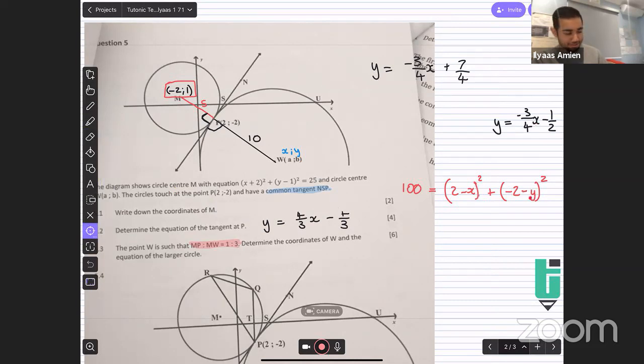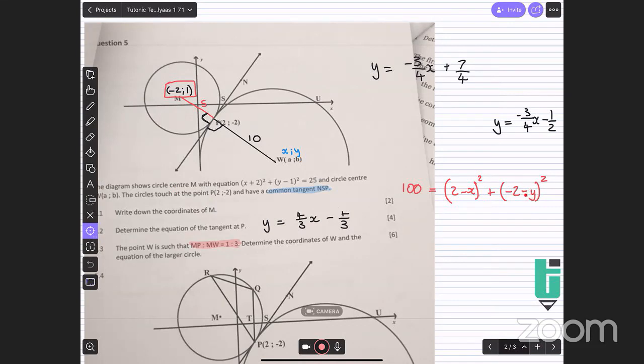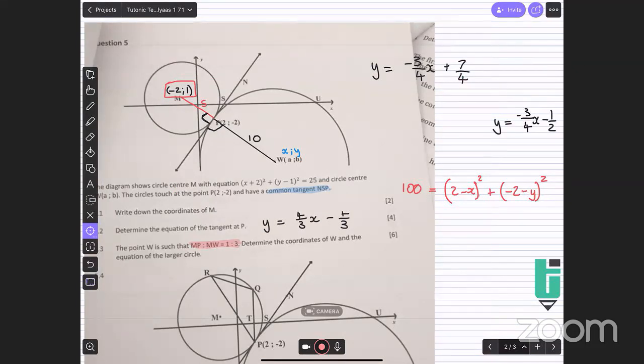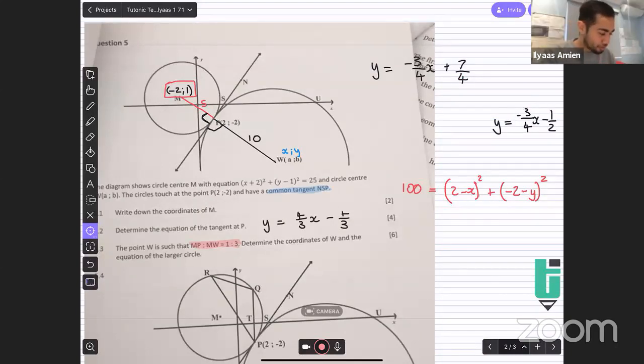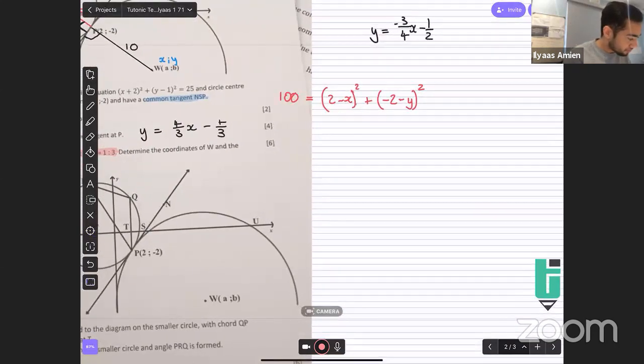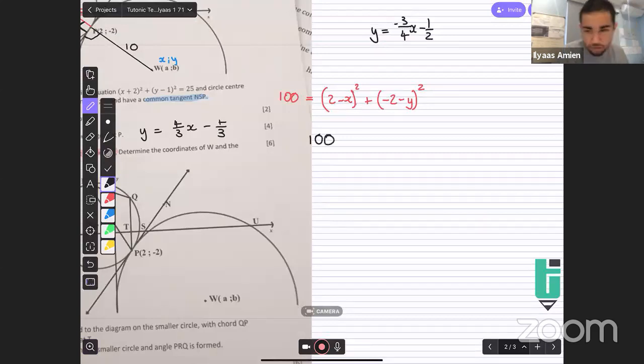Nafisa, does this remind you of a previous question? Yeah, we did it in the last live session. Does it make sense? Yes. Okay, so let us substitute. Whenever they give you distance, you must think distance formula, okay, guys?